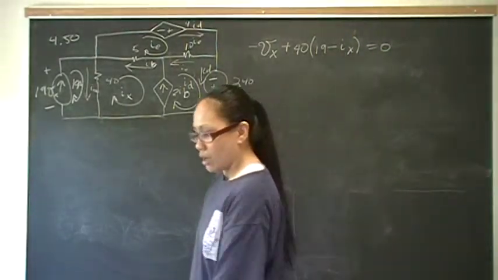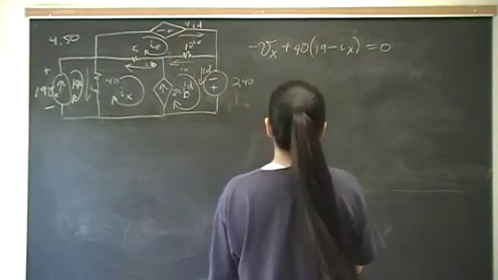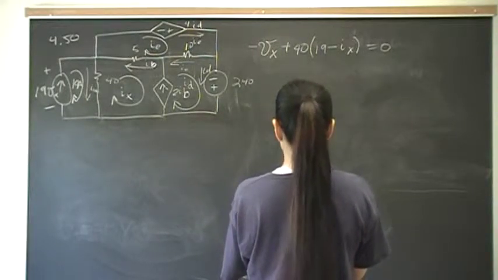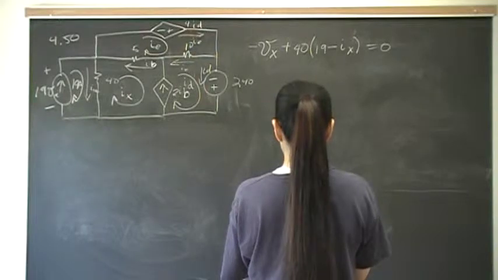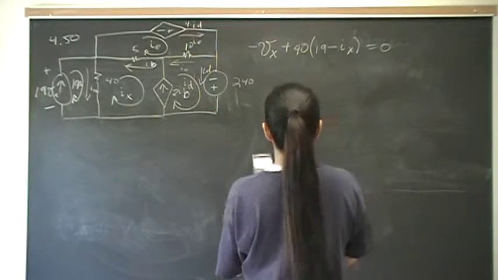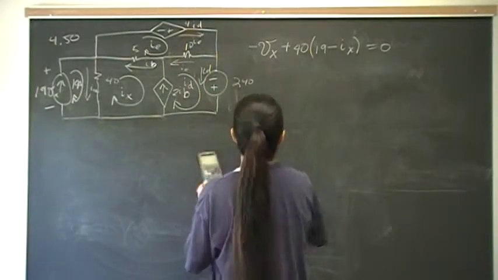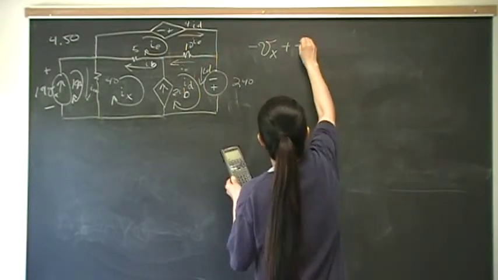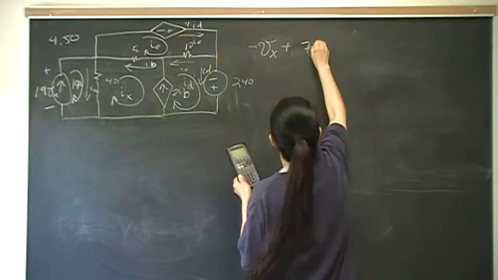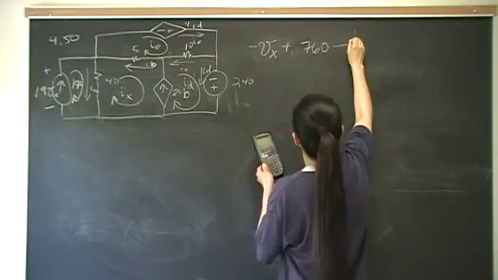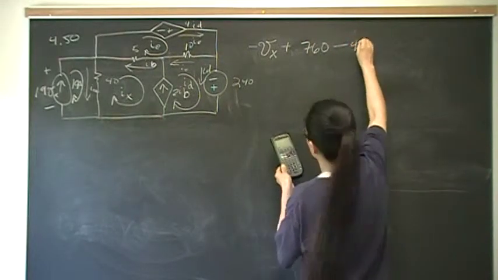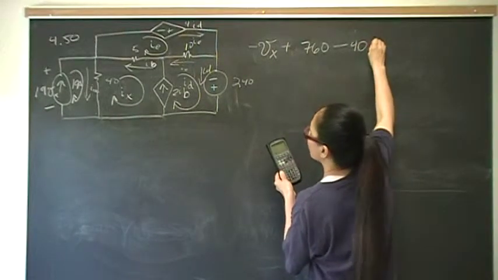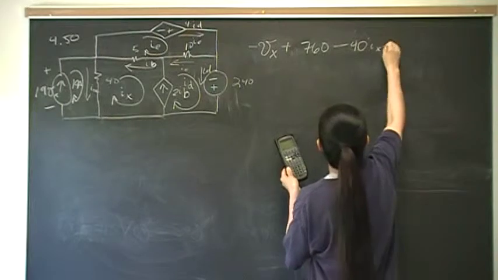Now, let's go ahead and multiply everything out. So it's going to be 40 times 19, so this is going to be 760 minus 40 Ix is equal to 0.